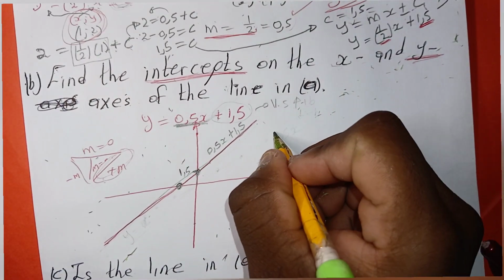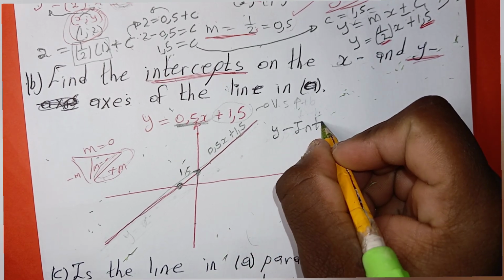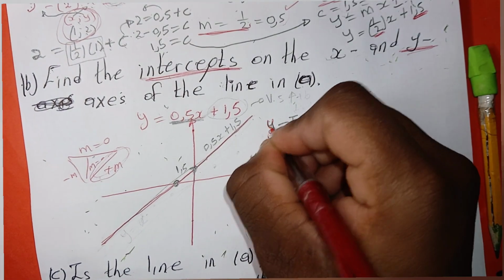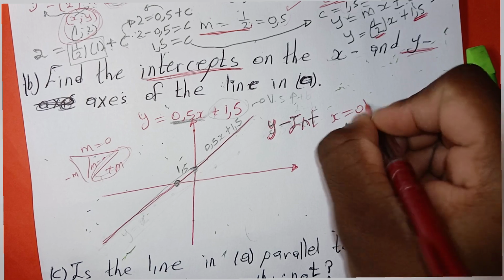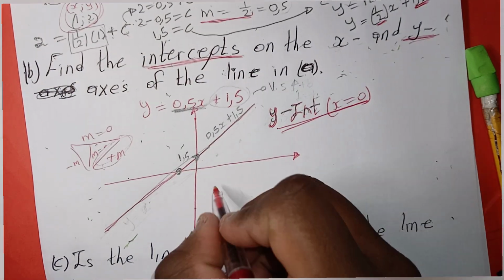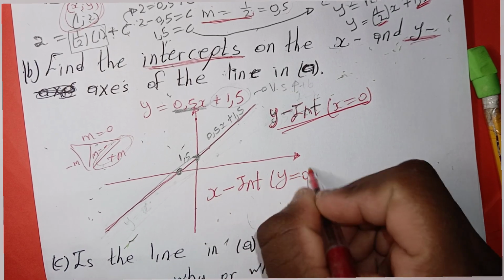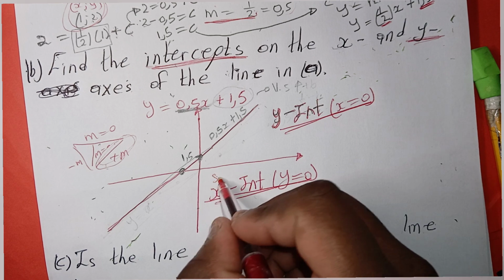So here we must calculate the y-intercept, which is when x is equal to 0. Do you see? And we must also calculate the x-intercept, where y is equal to 0. Here, guys, we are solving.